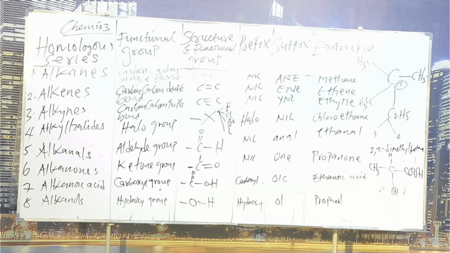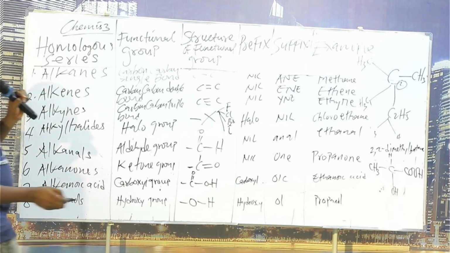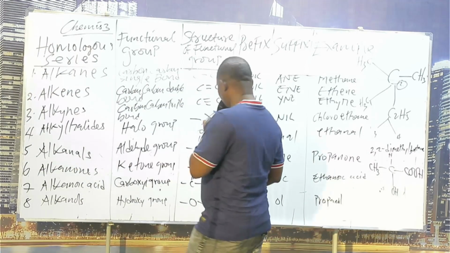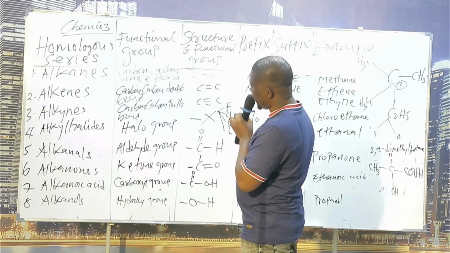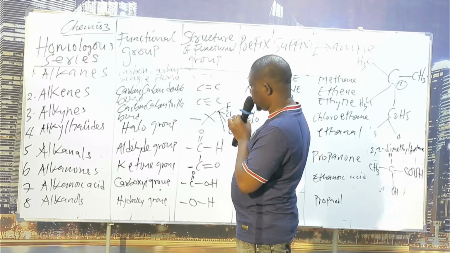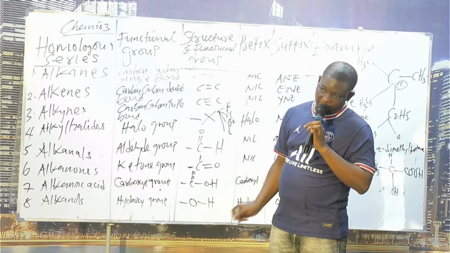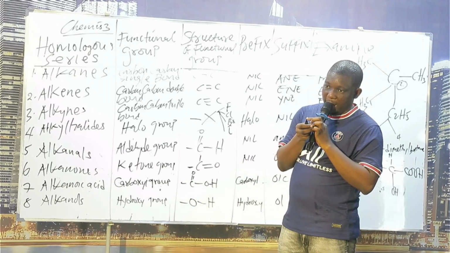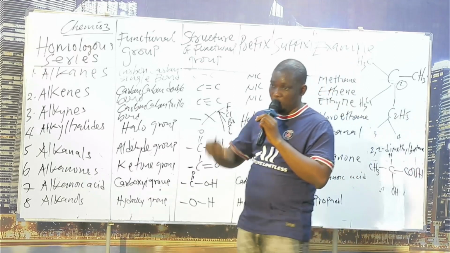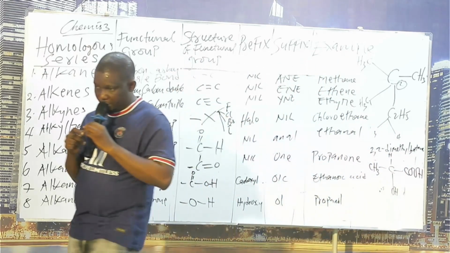Why is ketone not a carbonyl? Please, ketone is carbonyl. No one can take it out from them. Carbonyl means carbon. Any functional group with CO in it is carbonyl.